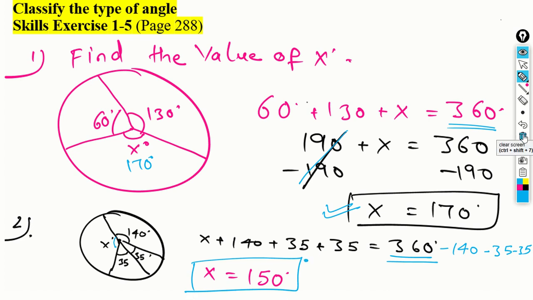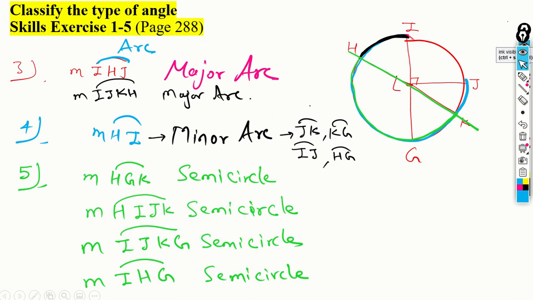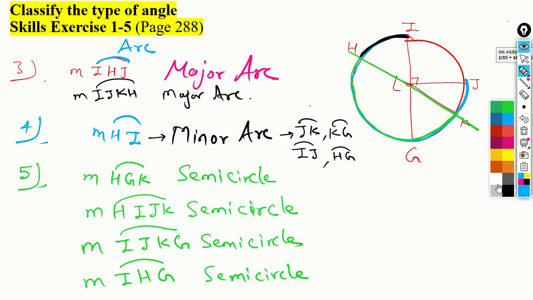Okay, let's move on to the next question. Next we have a circle in this question. What we have to do is find which one is major arc, which one is minor arc, and which one is semicircle. So we will first of all check all of them. We have question number 3, measurement of arc.